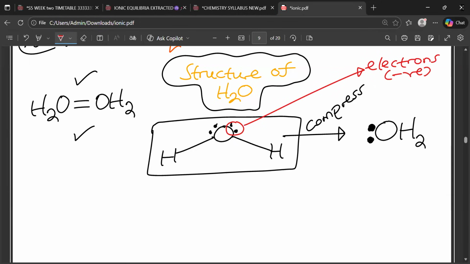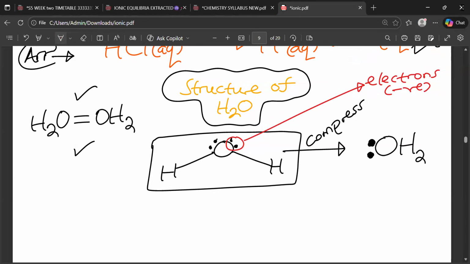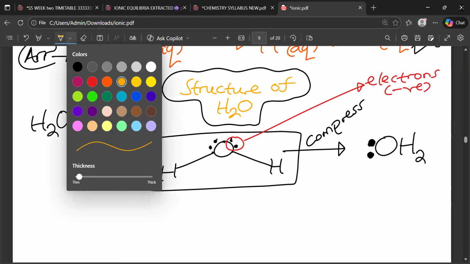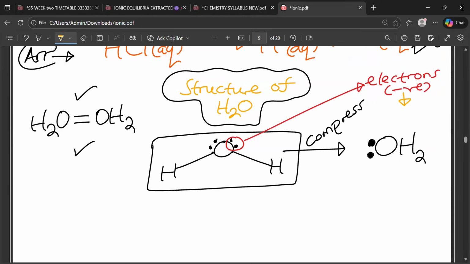Since they are negatively charged, what does that mean? That means that they can attract positive. Because they are negative, they can attract what? Positive. I want you to listen.